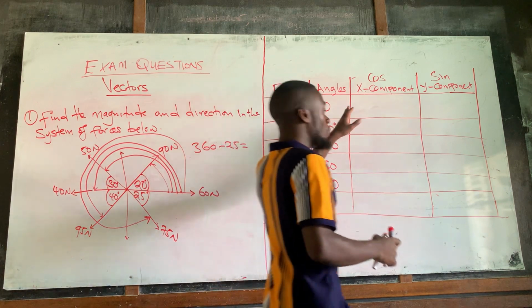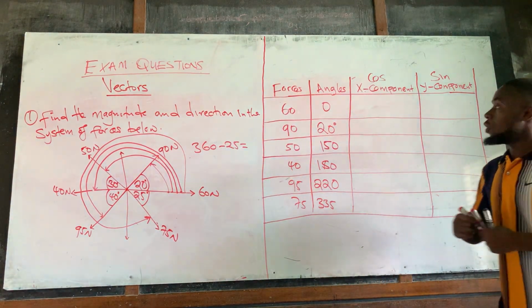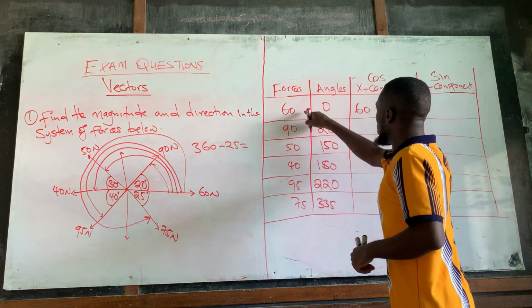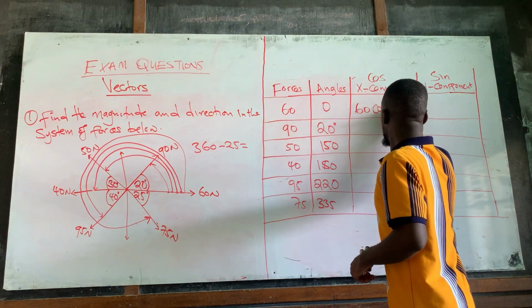So the next thing here is we go to the x component here. On x component here, simple straightforward. Just take this force the way it is, say 60. In between 60 and 0 degrees there, you put cos. So say cos 0.